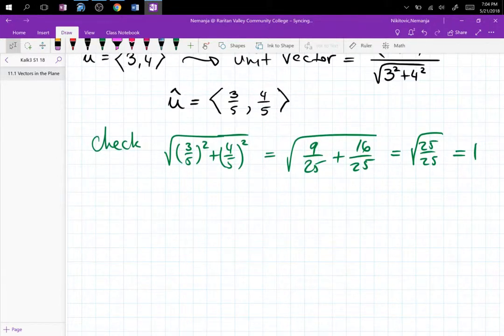At the end of the lecture, we have properties of the vectors. Now, these properties are actually for any dimension, not just 2D. And after that, some word problems, and we're done.